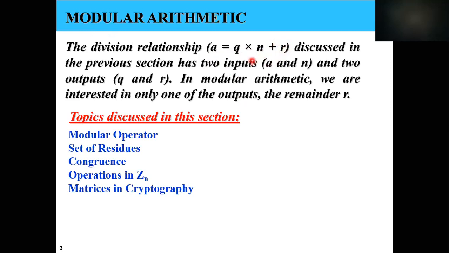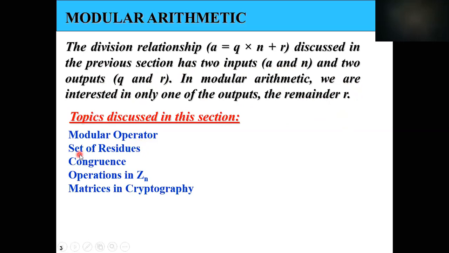Whenever you divide some number by some element, we take care of the remainder in modular arithmetic. In the previous section, when a is divided by n, it gives two outputs, q and r. With two inputs, a and n, you have two corresponding outputs, and we will always talk about the remainder.